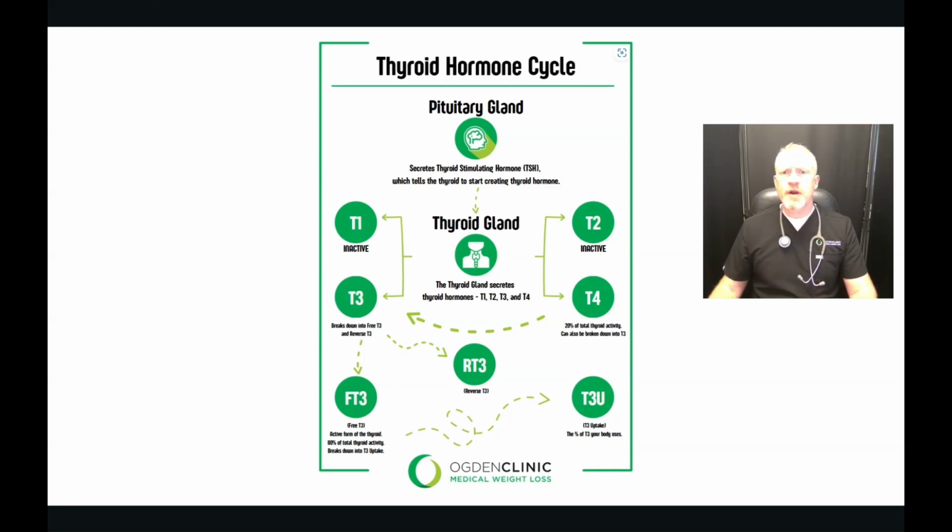And if you've watched other videos, I always talk about when we look at labs, we always say it's in the normal range. Well, how do we determine the normal range for TSH, the T4, the T3, the free T3, even the T3 uptake, and even the reverse T3? We're checking masses of people.